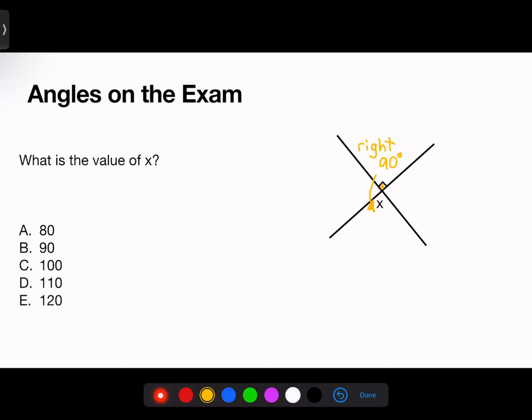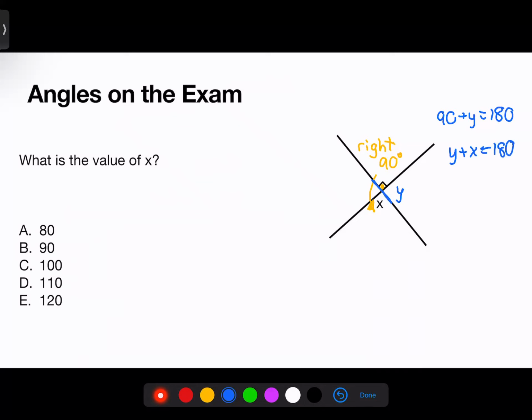We could use a supplementary set to solve all the way around. We could say 90 plus, and call this y, 90 plus y equals 180. And we can solve for y. Then, once we know what y is, we can set y plus x equals 180.